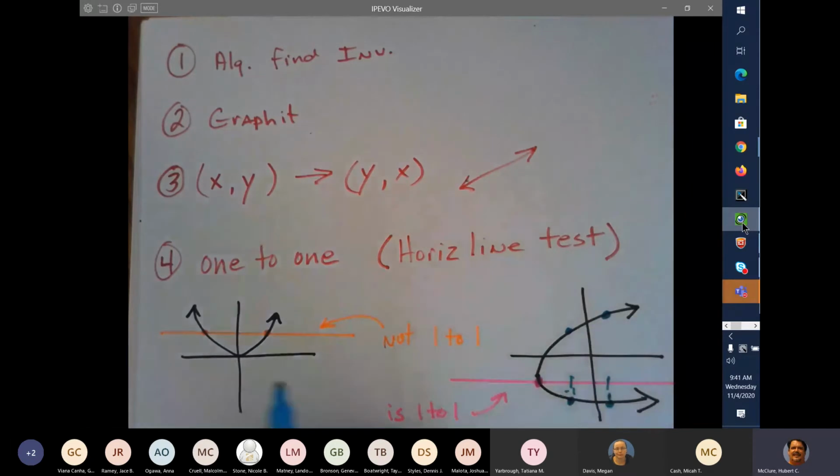For each y, I have 2 x's. That's the difference between the two.